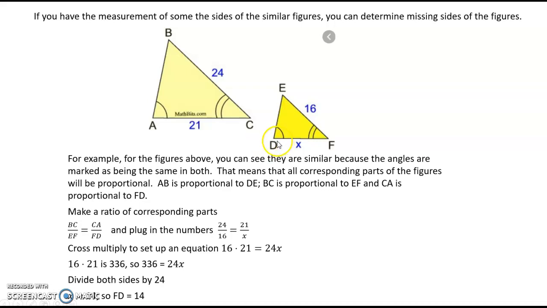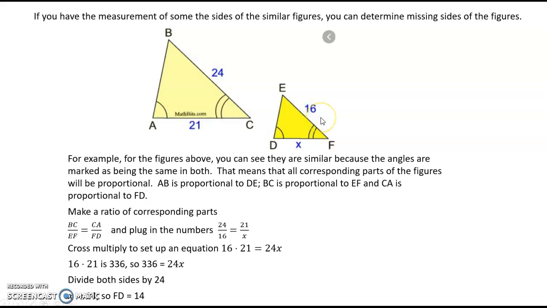So if we have a missing part, for example, we have the variable X here on the side of the line segment DF, we want to know what the length of DF would be if AC is 21, BC is 24, and EF is 16.